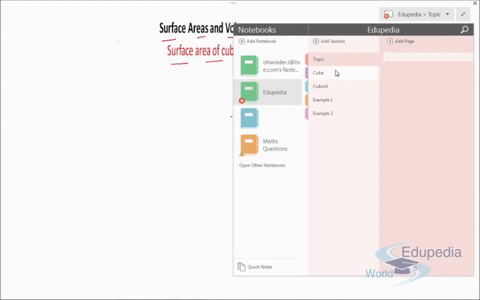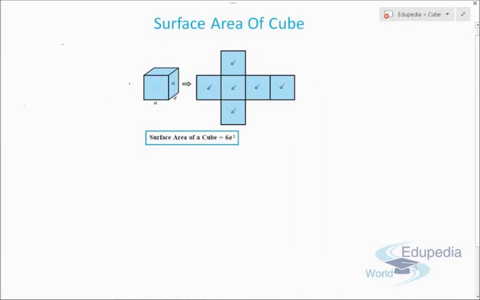First we'll discuss what is a cube. A cube is a 3D shape, or we can say it's a solid figure, which has a square base.